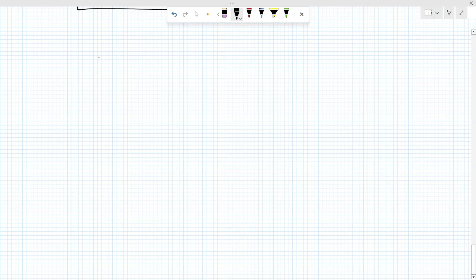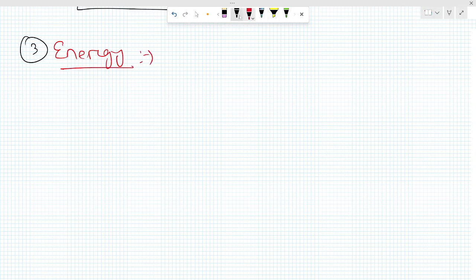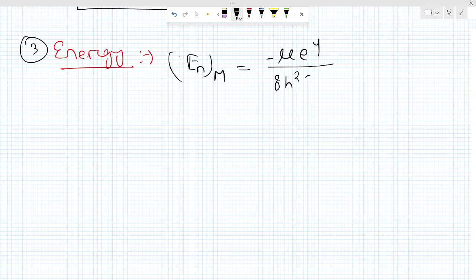Let us derive the expression for energy. Thirdly, we have energy. For energy, you have capital A and capital M will be equal to minus mu e^4 upon 8 h square epsilon naught square into z square upon n square, isn't it?